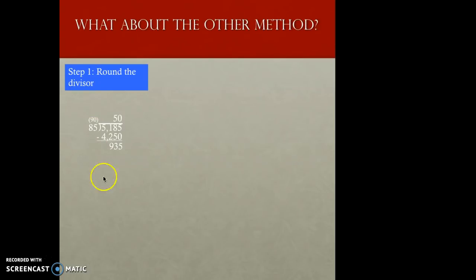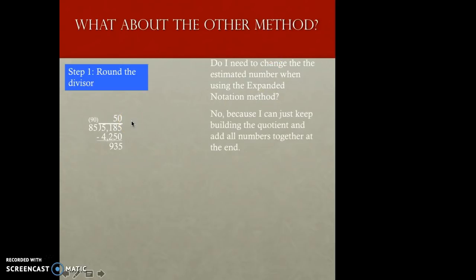It doesn't matter because I can just use another friendly number here. Do I need to change the estimated number when using this method? Like I said, no, because I can just keep building the quotient and add all the numbers together at the end. So let me show you what I mean.